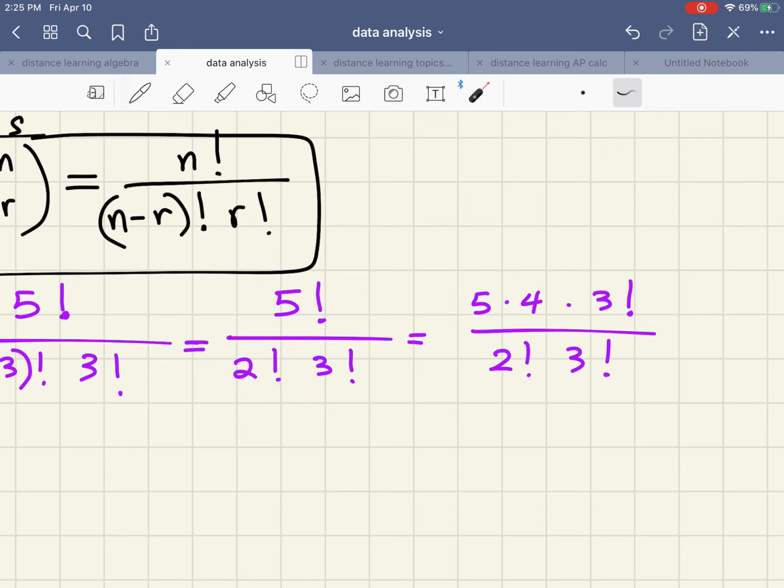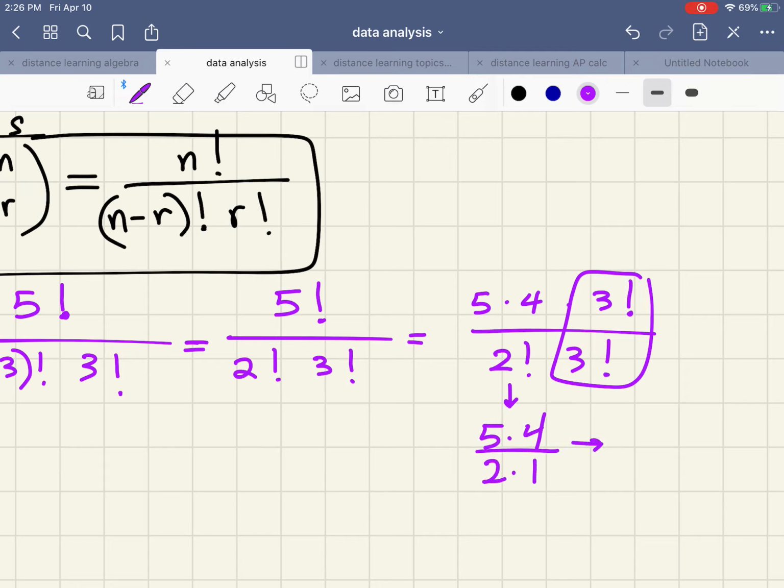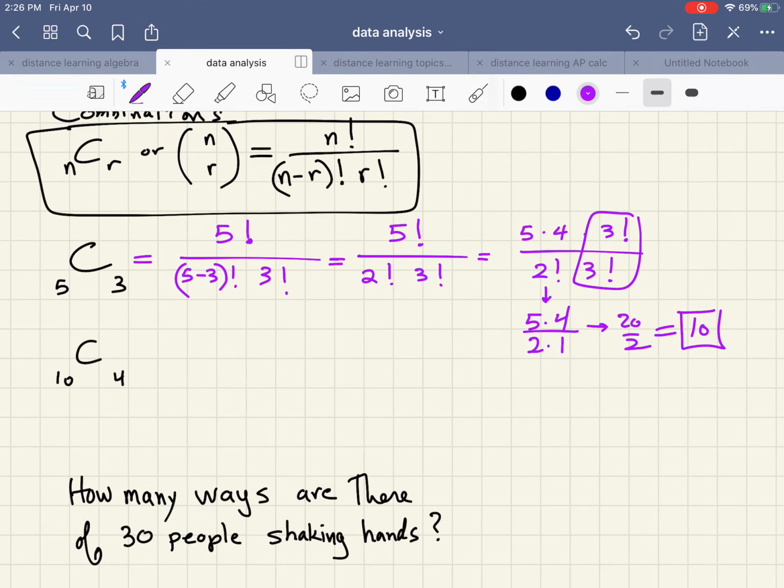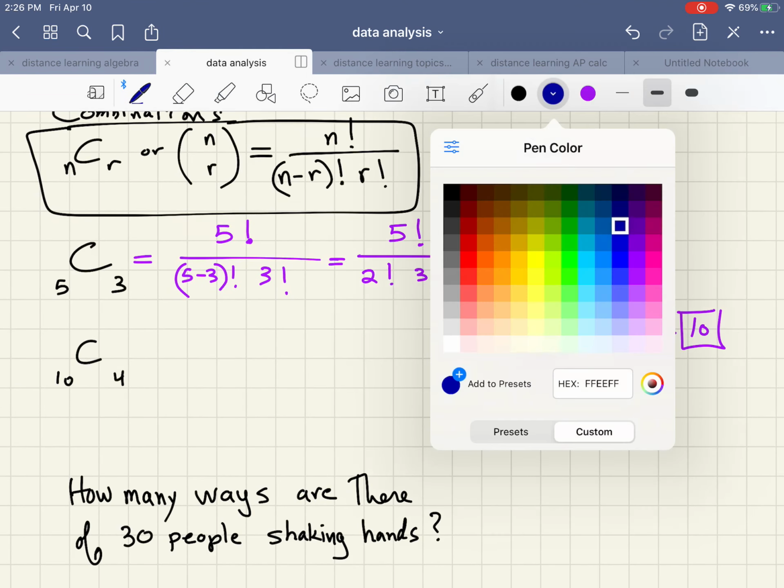I could cancel 2 factorial, but I'd rather cancel 3 factorial because it's a bigger number and it would be more reduced. So I'm going to cancel this 3 factorial with what would be 3 times 2 times 1 up top. So those are going to go away. And I'm going to have 5 times 4 divided by 2 times 1. I could reduce that even more, or I could multiply the top and then divide by the bottom, 20 over 2, which gives me 10.